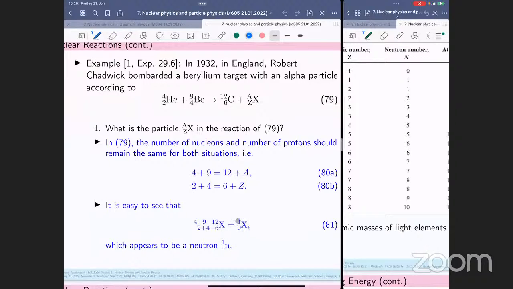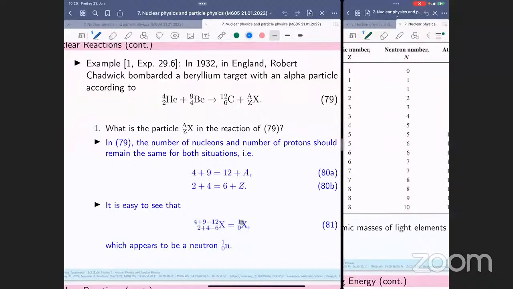And what is that? It means we have 1 nucleon remaining. I'm not sure whether it is a proton or a neutron. It can be either. But at the lower part, 2 plus 4 minus 6 becomes 0, so the number of protons is 0. It means there is no proton inside the nucleus.